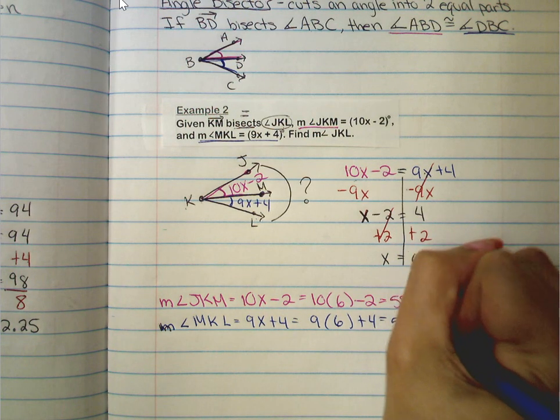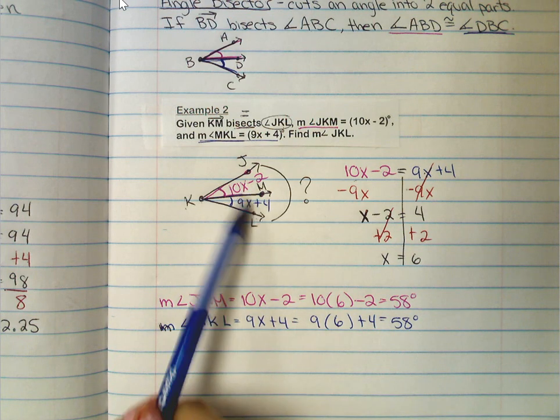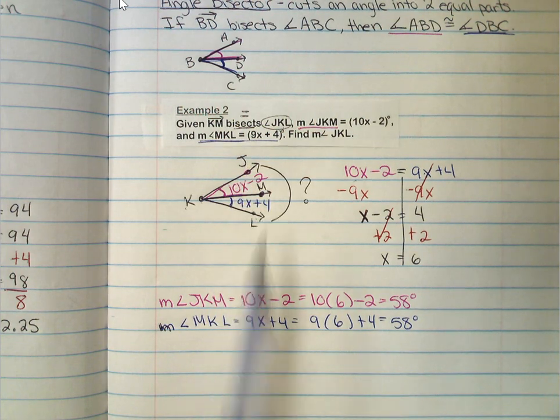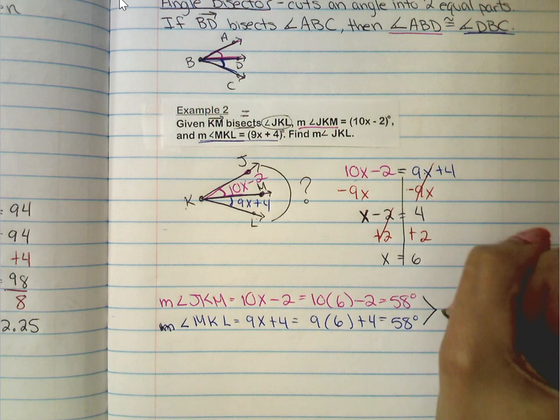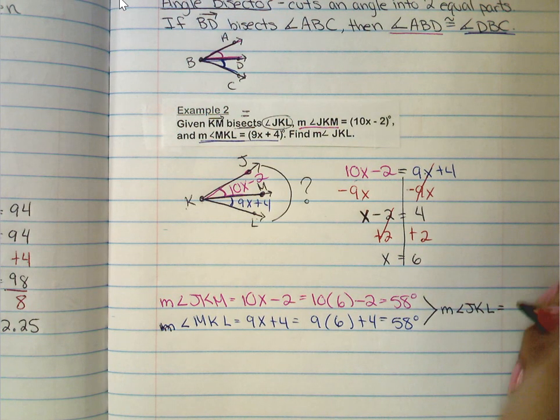That's 58. So you can see that they are equal. I know they're supposed to be equal, they are equal. And so since they're asking me for the total, I just add those two, 58 plus 58. So when I add them, the measurement of angle JKL, which is the total, is going to be 116.